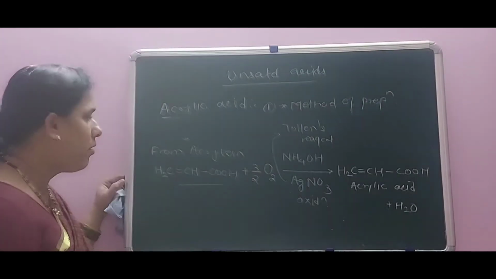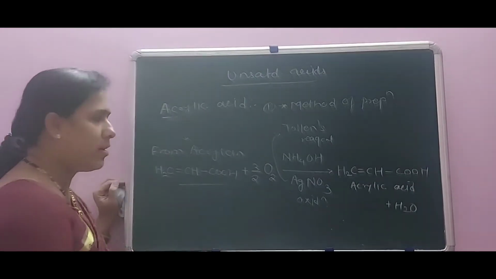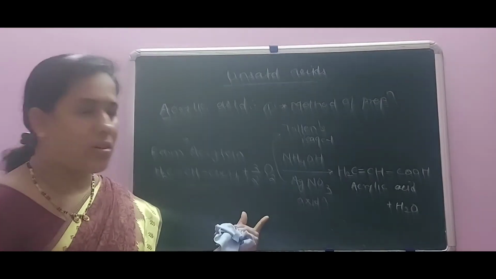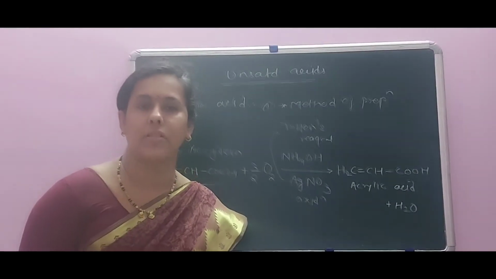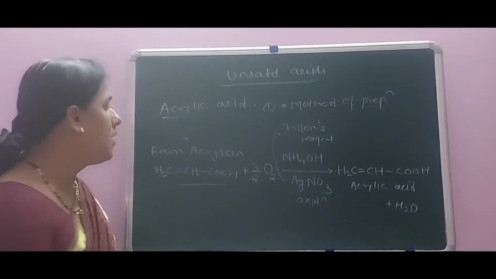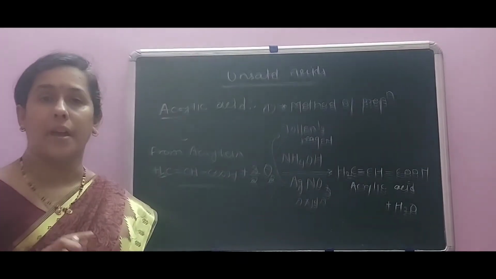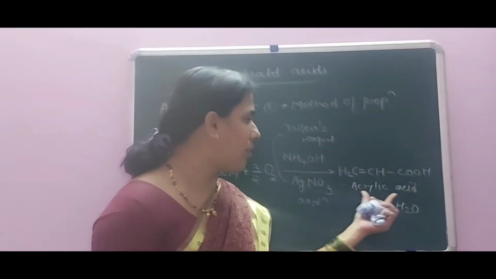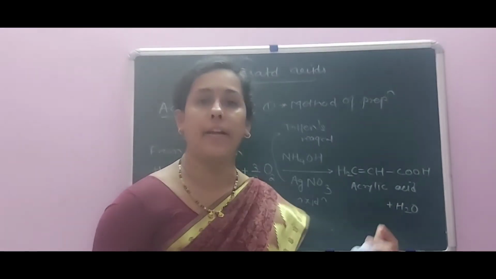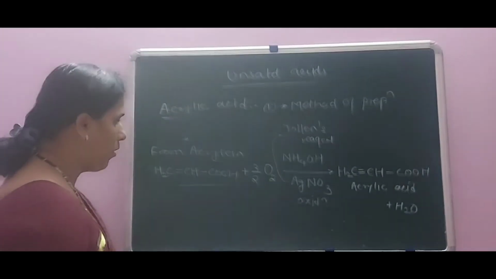Again I am going to remind you, this is acrolein. When acrolein is oxidized in presence of Tollens' reagent, which is a mild oxidizing reagent, its specialty is that it does not affect the double bond position in acrolein, which gives rise to formation of acrylic acid with dehydration. Dehydration means removal of a water molecule.